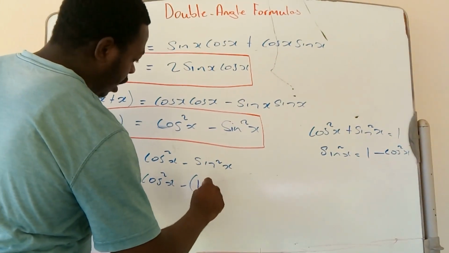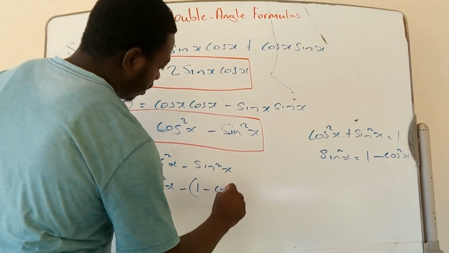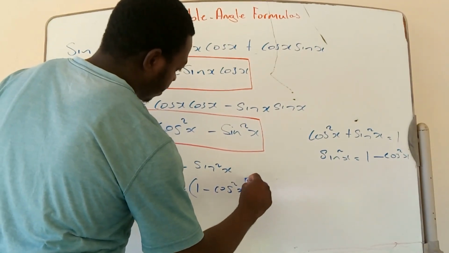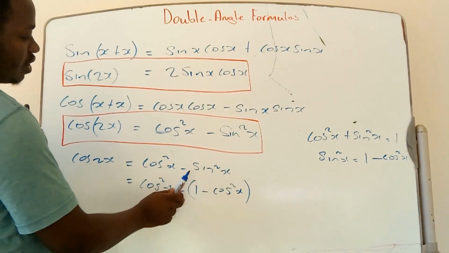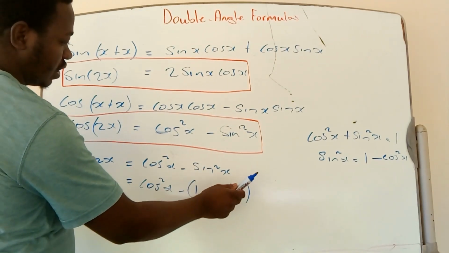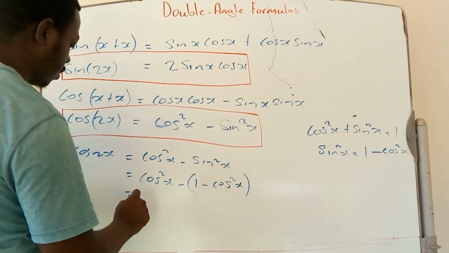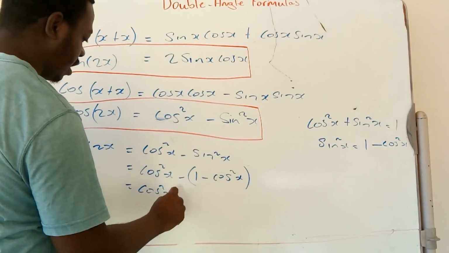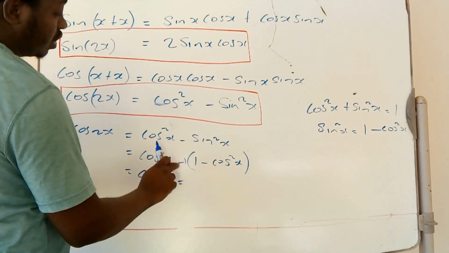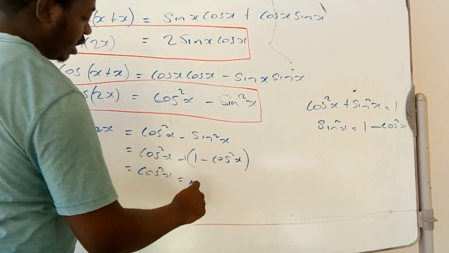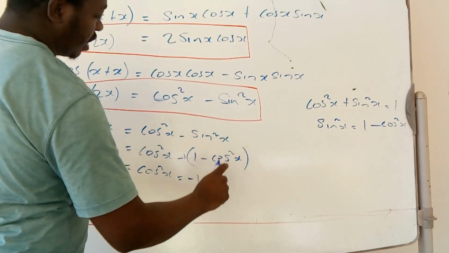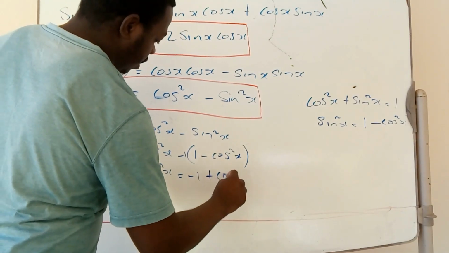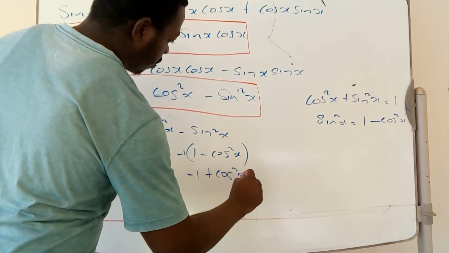So we substitute 1 minus cos squared of x. If we distribute this negative sign to all of this inside of the bracket, that gives us cos squared of x plus negative 1 times 1, that gives us minus 1. Negative 1 times negative cos squared of x gives us plus cos squared of x.